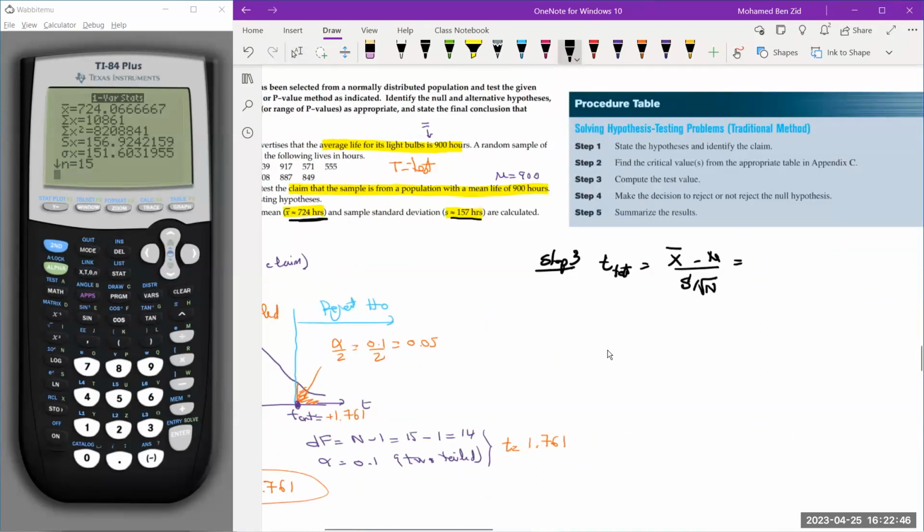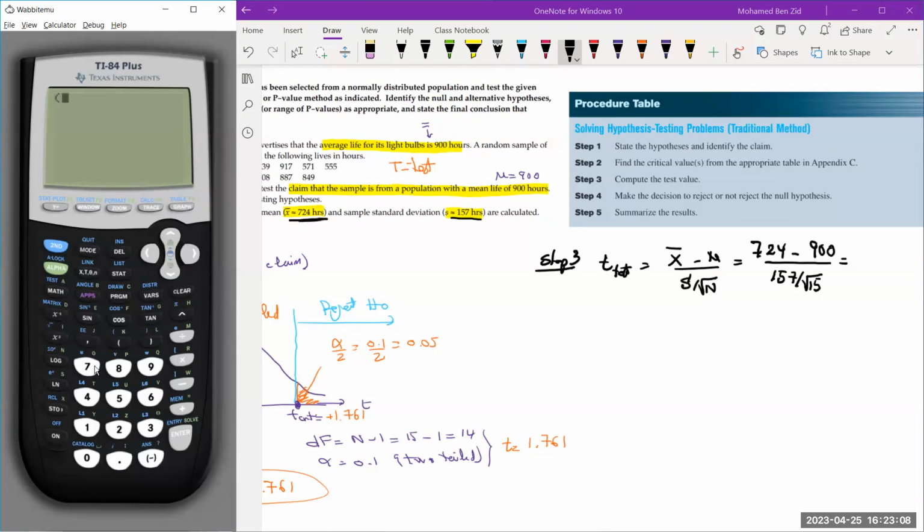Okay, so let's do this. This is the X bar, it's going to be 724 minus the mean. The mean is 900, we said. Divide by S, which is 157, divide by radical 15. Plug it into the calculator again.